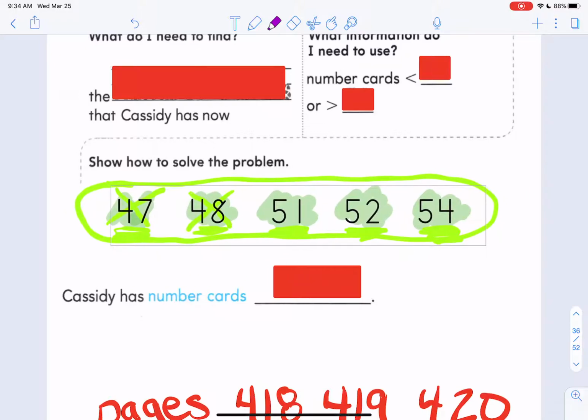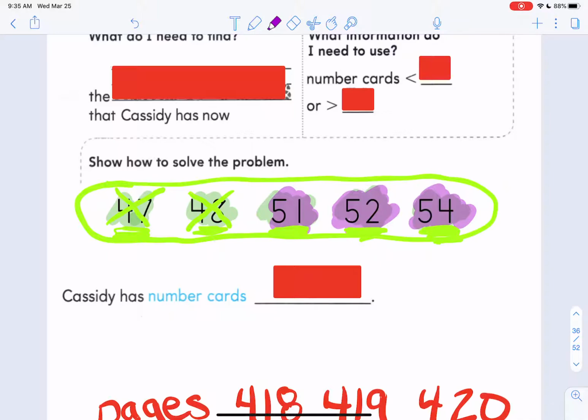Is 51 greater or more than 53? No. What about 52? Is that more than 53? No, that's less than, so I leave that alone. 54. Is that greater than 53? Yes, that's greater than.